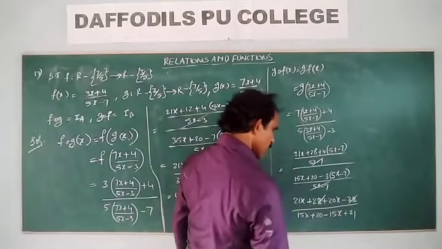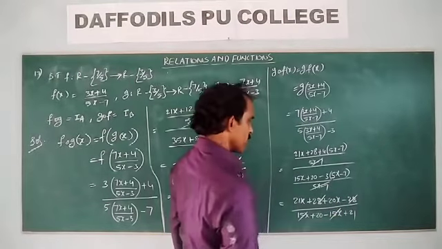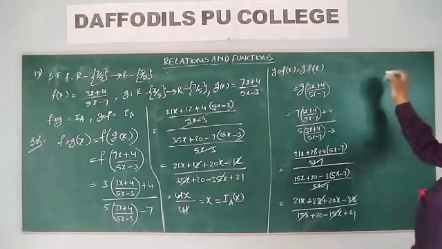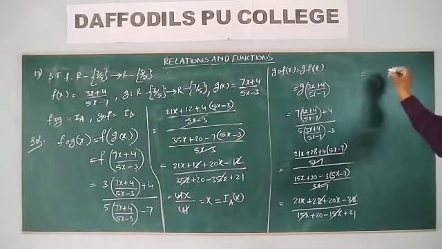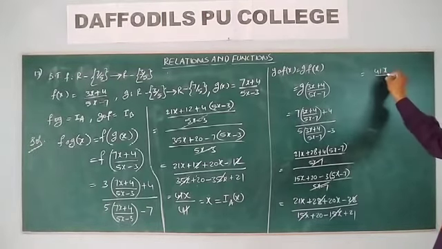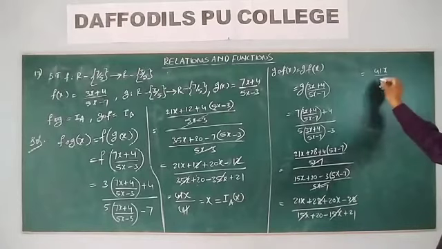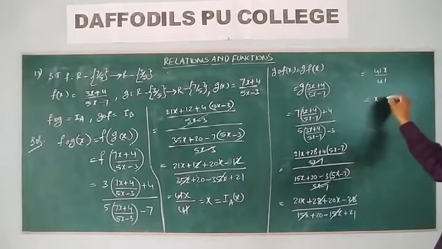So 28 cancels, 15x cancels, and the remaining value is 41x divided by 41. So this also is x.